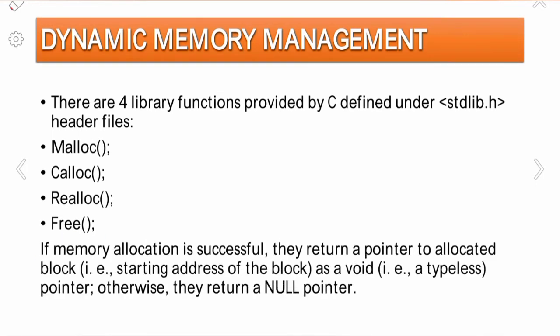So now first we will see malloc. If memory allocation is successful, it returns a pointer to the allocated block as a void pointer. Otherwise, it will return a null pointer. We have already seen that in dynamic memory management, all the programs will run in the heap. The heap is the free space between the local variables and global variables. So when the program execution is finished, we have to deallocate the memory.